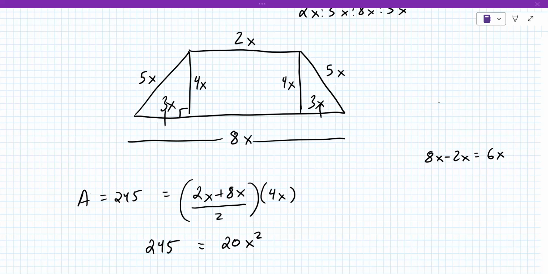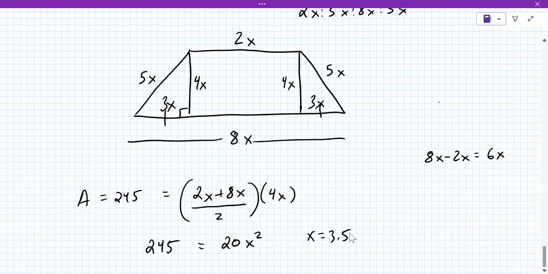Just isn't as round as we would like normally. 3.5. Yes.